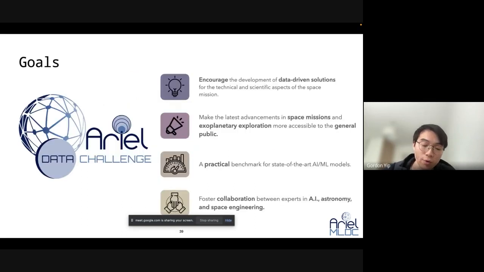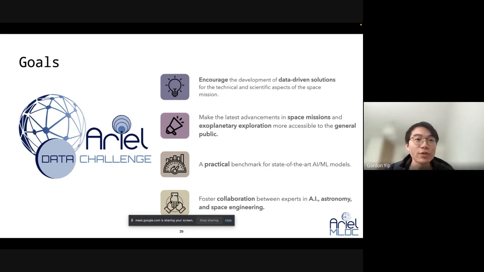So the main goal of the Ariel Data Challenge, I'm not going to go through all of these goals here, but essentially you can imagine a scenario where you have to explain yourself to a colleague about the problem that you're dealing with, but they don't necessarily have knowledge about the thing that you're working on. So what you need to do then is package your problem in a language that they will understand.